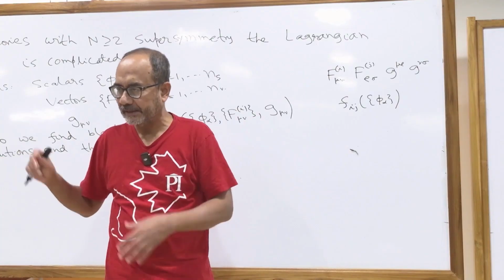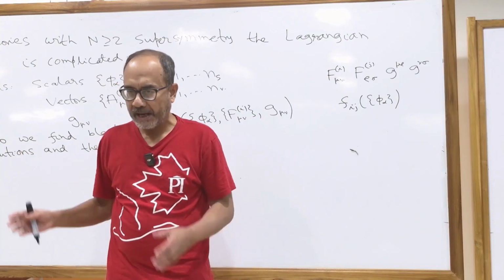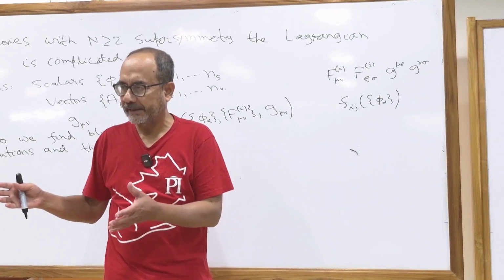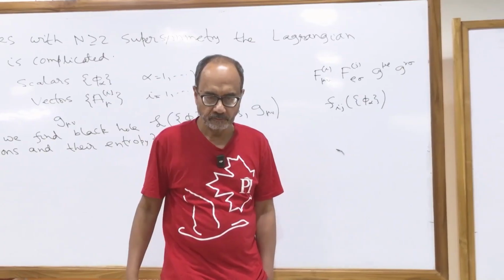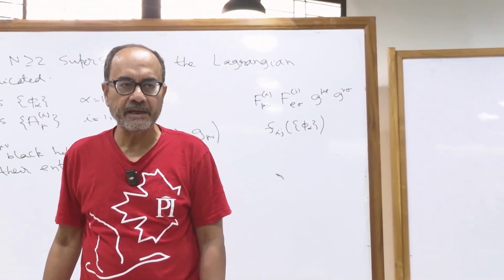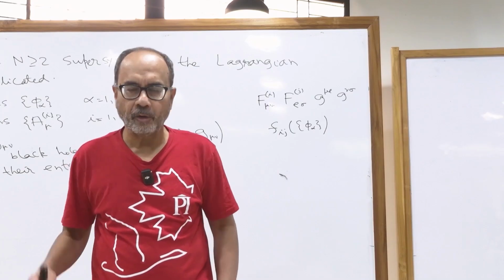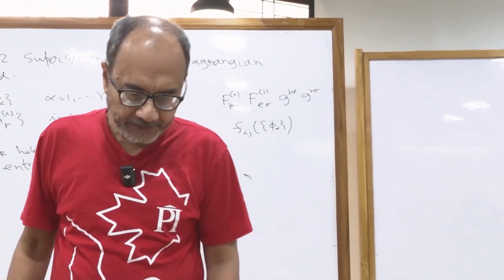Normally you do not have such terms in the Einstein theory, but in string theory you do have such terms. So, you want to add those terms and also see what their effect is on the entropy. Are there questions? Is this issue clear? Yes, you have a complicated Lagrangian, and hence the question is how do you go about solving it.